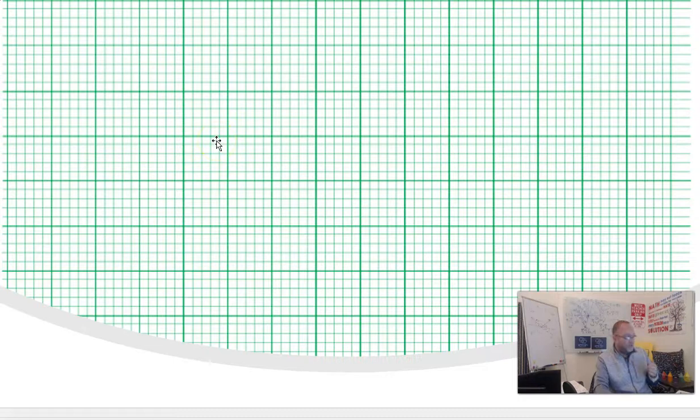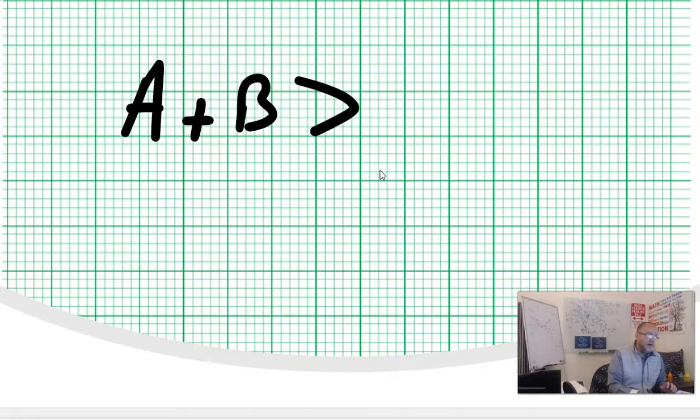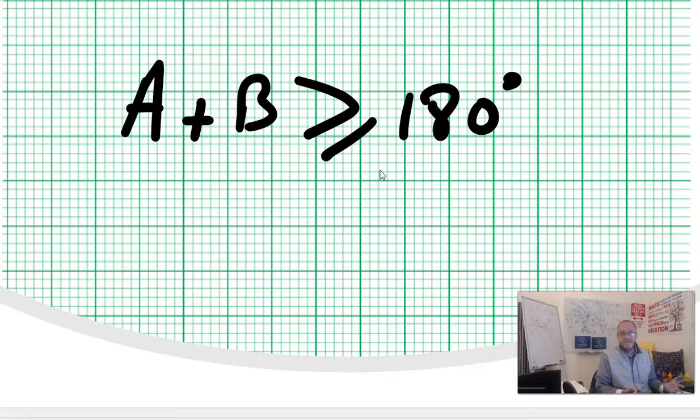And what are the laws that govern having a triangle? And what do I mean by this? Well, if you have a triangle, you need 180 degrees, right? So if two of the angles, let's say angle A plus angle B, are more than or equal to 180 degrees, do you have a triangle? Of course not. You don't have a triangle.